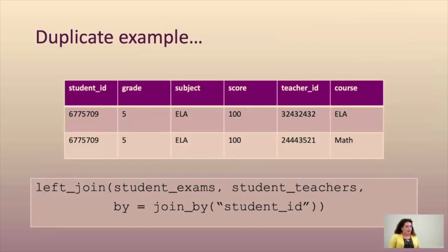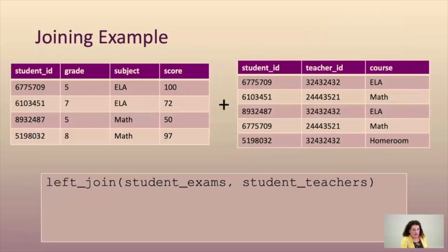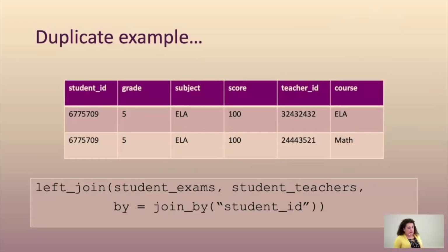It's going to produce this, because if we go back, the only column that is the same, and dplyr's left_join defaults to joining by the columns that are named the same, is student ID. So it left joins by student ID, easy enough, and then we get a duplicate. This is a student who has 100, good for them, in their English test, but because we joined incorrectly, we are also getting information about their math teacher.